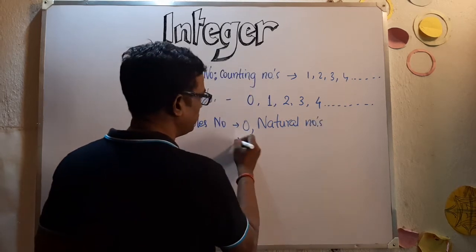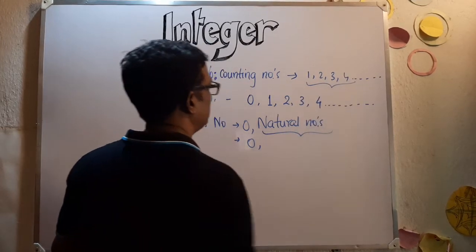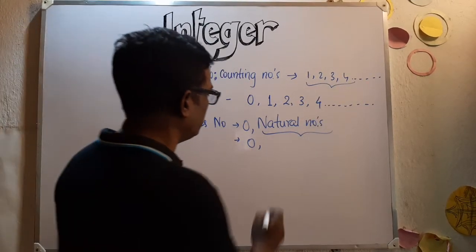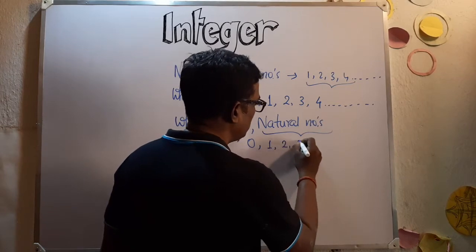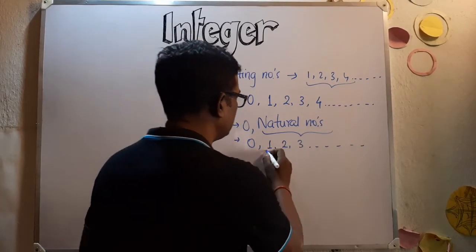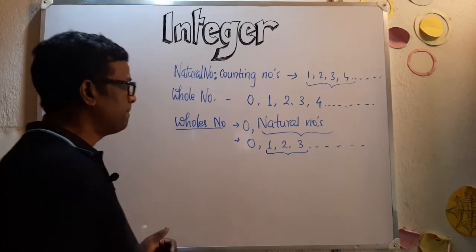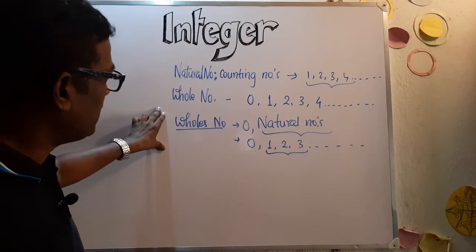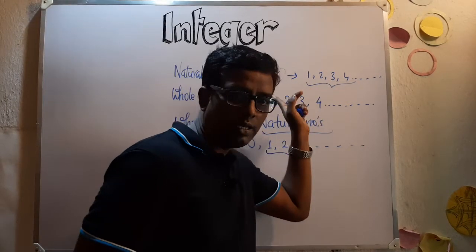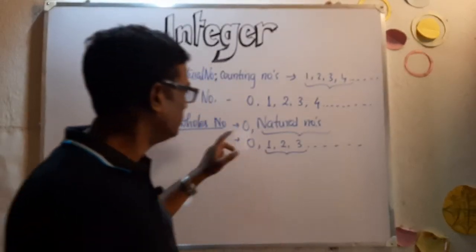Because we know natural numbers start with 1, so 0, 1, 2, 3 and goes on. So the set of natural numbers including 0 are called whole numbers. That means natural numbers start with 1 and whole numbers start with the number 0.